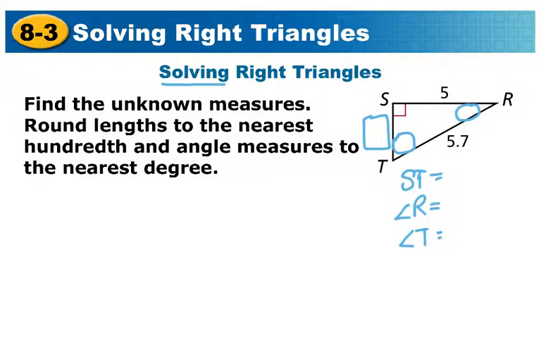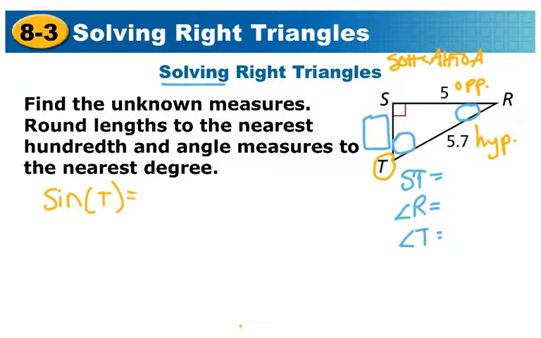Well, it's a right triangle, so I know that I can use some trig, but let's start with T. T is in association with this being the opposite side, and this being the hypotenuse side. Again, thinking of SOHCAHTOA. If I have an opposite and a hypotenuse, that means that I'm talking about sine. So sine is going to be of T, and it's going to equal my opposite over my hypotenuse.